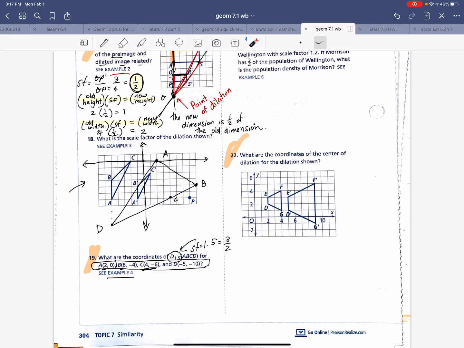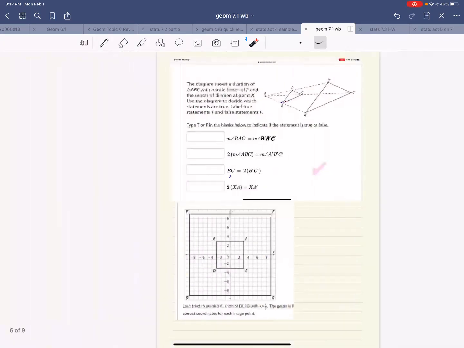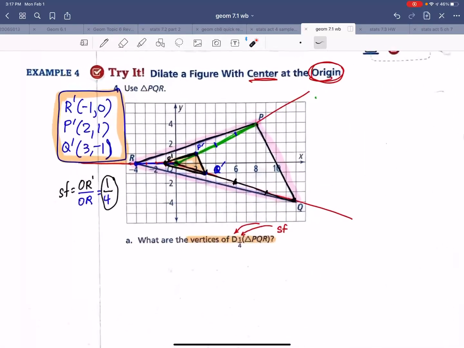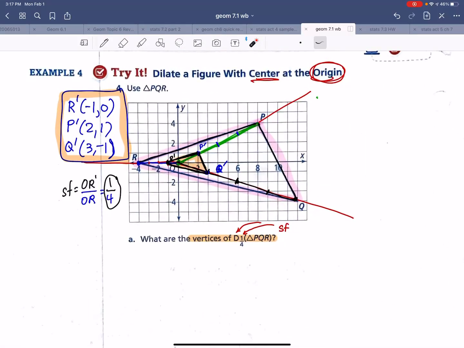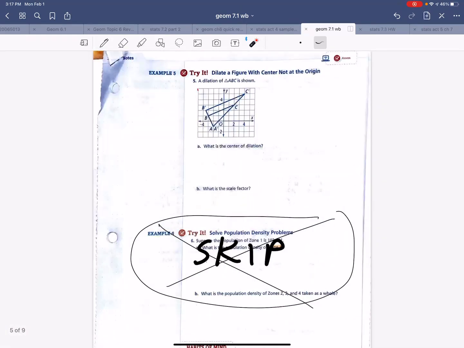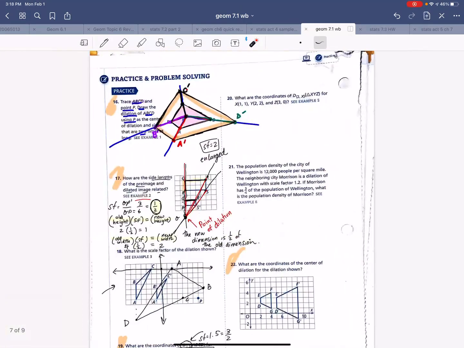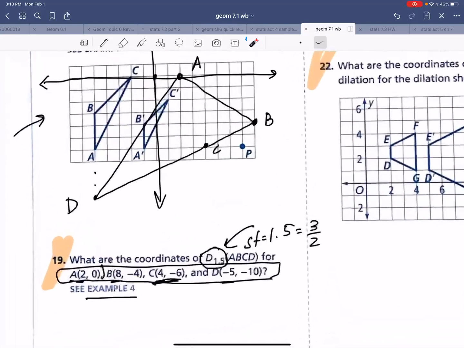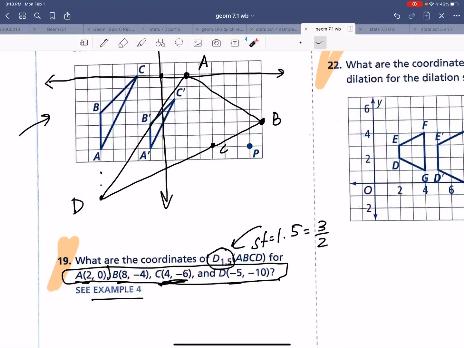So if we go back to example 4, how did we do this one? Okay, so we dilated it from the origin and we just sketched it. From the origin, this is 2, right?